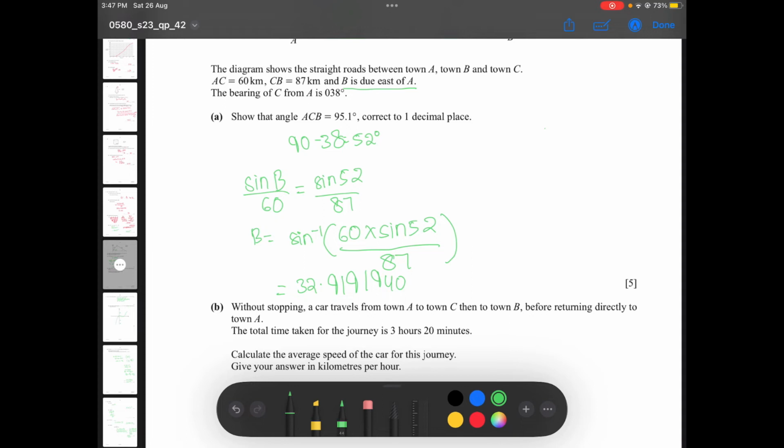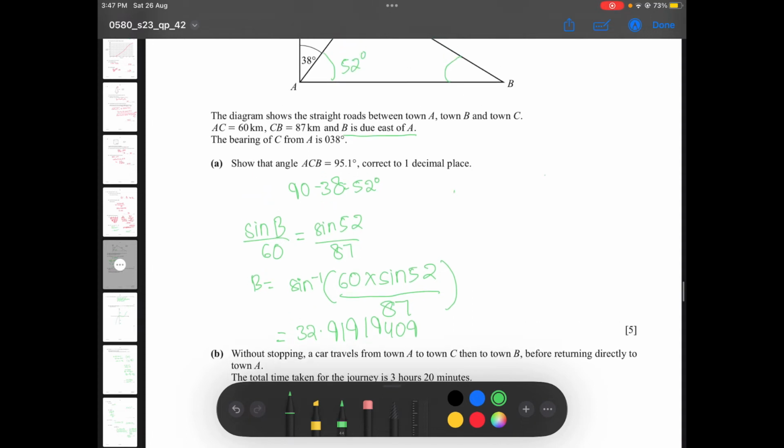And to find the third angle which we're looking for, 180 minus the sum of 32.91919409 and 52 gives us 95.1, hence proving this angle is 95.1.